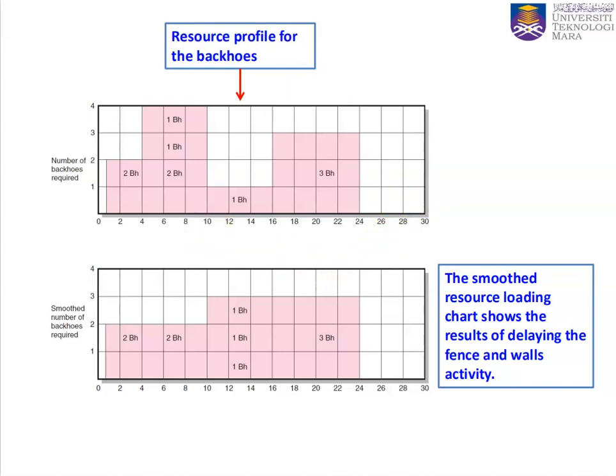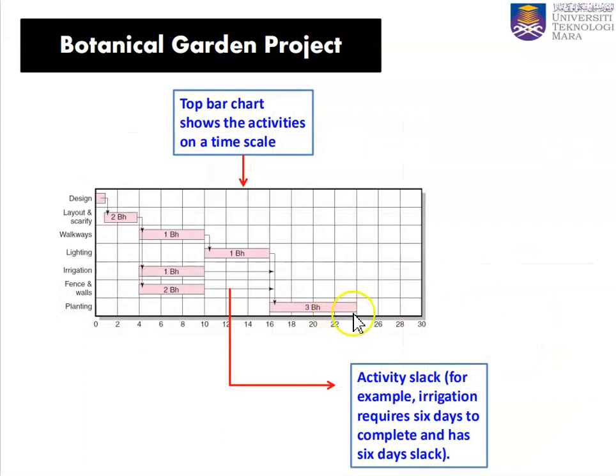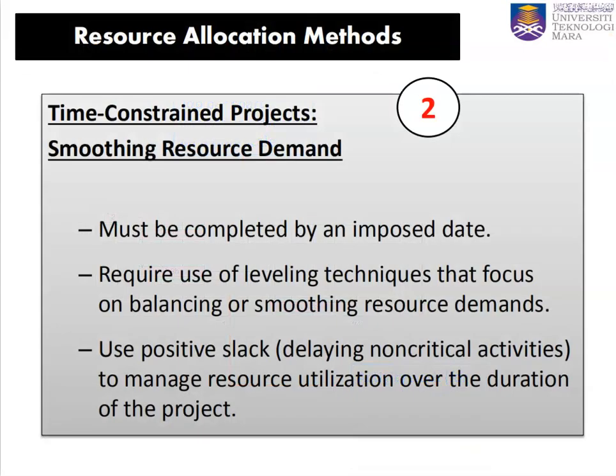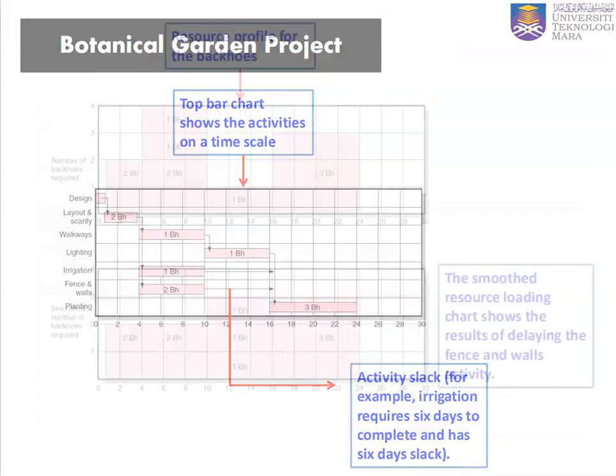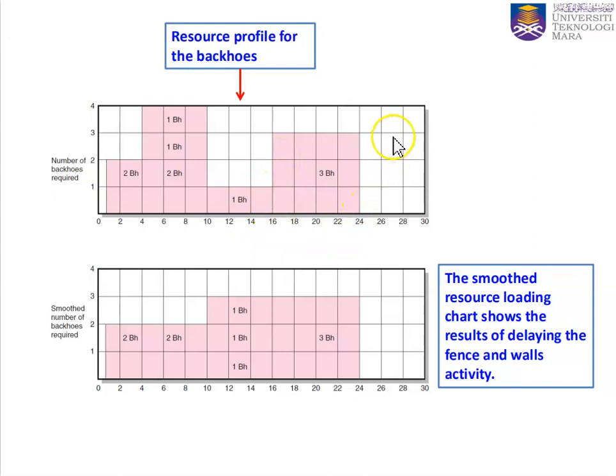Finally, 3 backhoes are required for planting from day 16 to day 24.